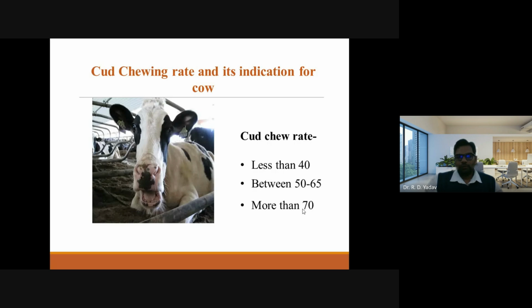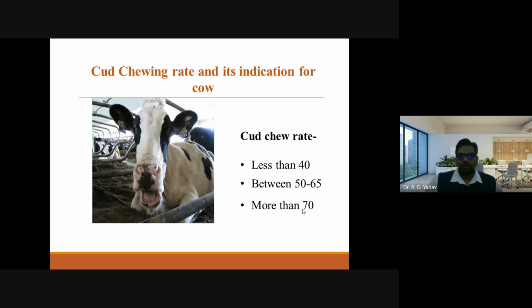If a cow has a curd rate less than 40, between 50 to 65, or more than 70. Less than 40 means the cow is getting more concentrate and less roughage. Between 50 to 65 means the cow is getting a balanced ration of roughage and concentrate. If more than 70, the cow is getting less concentrate and more roughage.